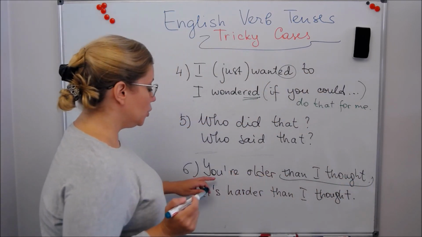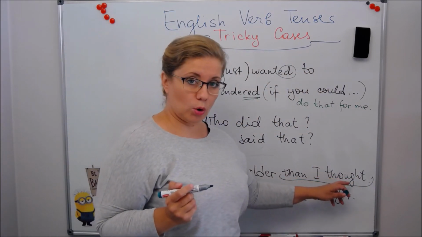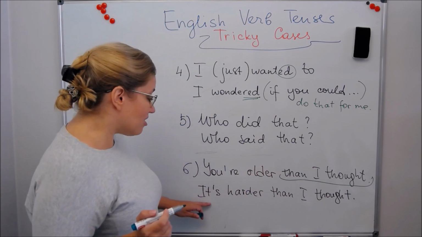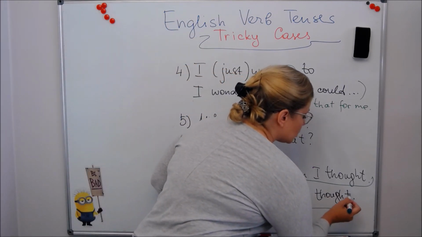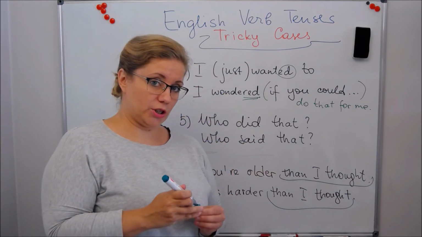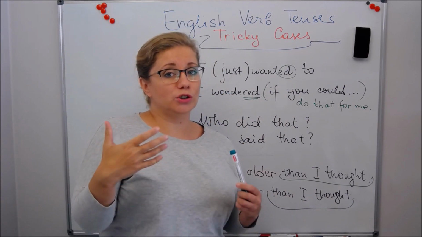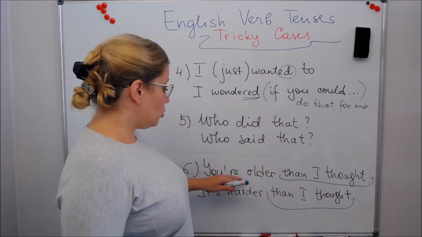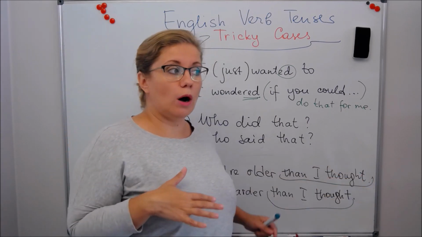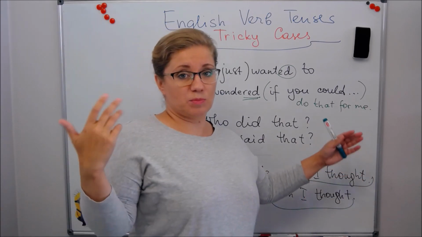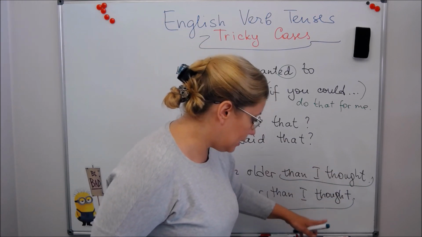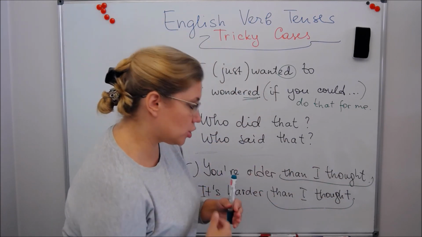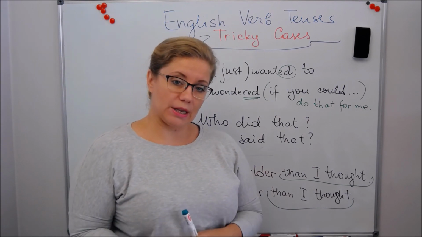For example, "You are older than I thought." "It's harder than I thought." You are talking about some previous expectations which didn't turn out to be true. "You are older than I thought." "You are better looking than I expected." You can use other verbs here, just the structure should always be the same.